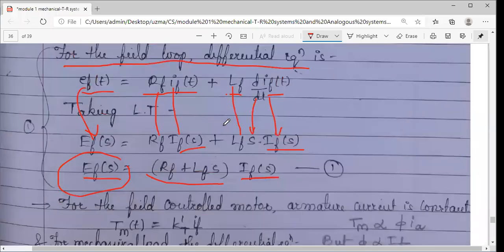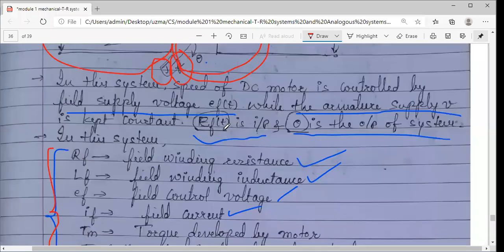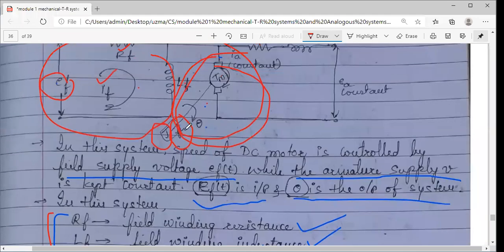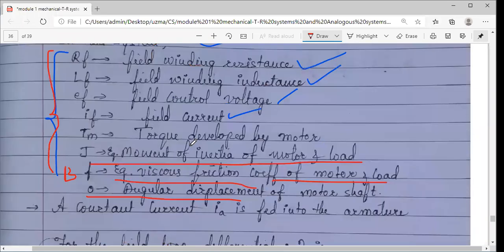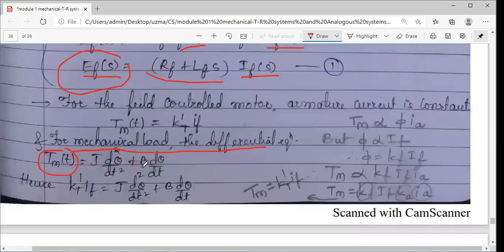I have taken B here, but in the symbol I have taken F. So you follow any one. I have written F in the figure, so better you go for F. In a hurry I have written B, so let it be. I will replace it. Take F, or whichever you consider in the figure. This is your torque equation.